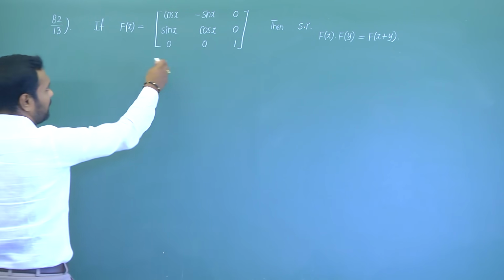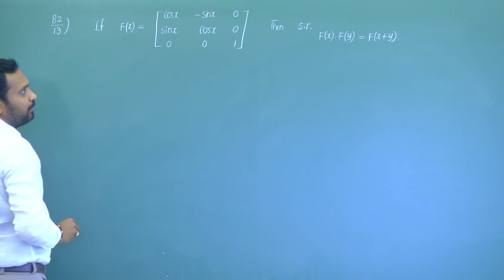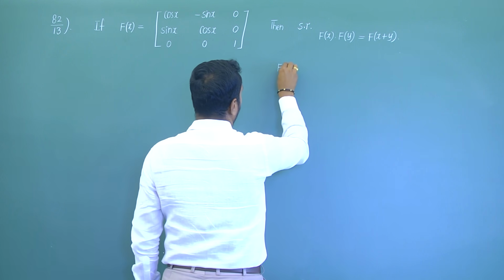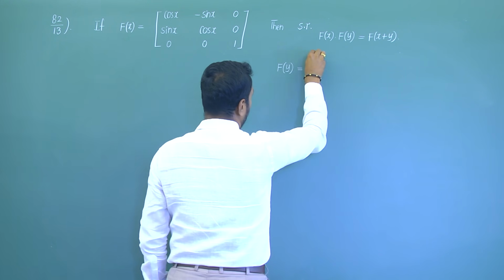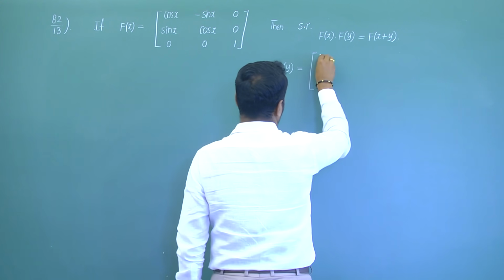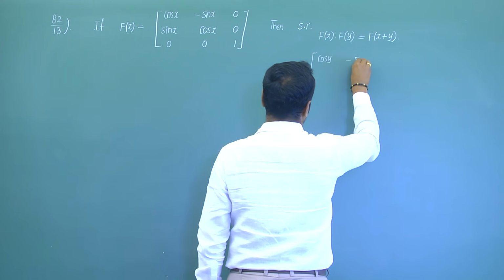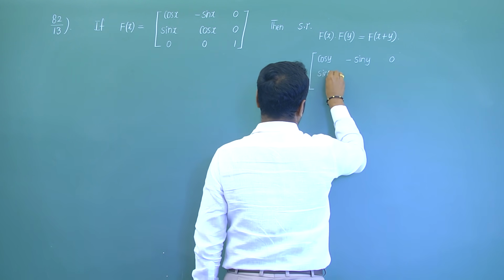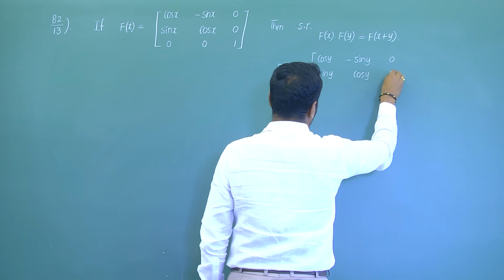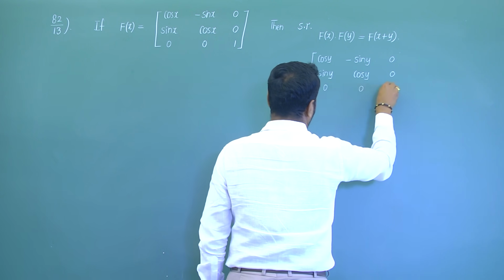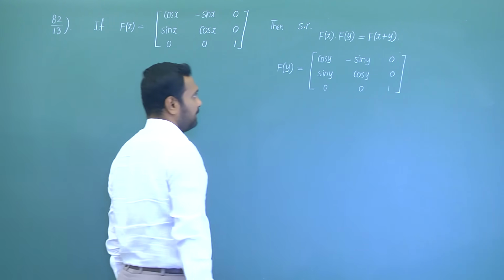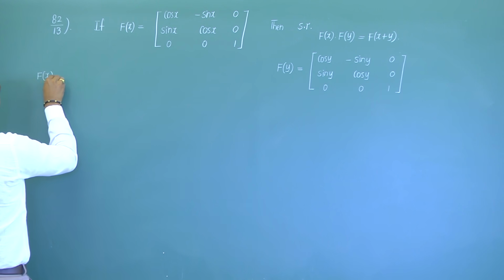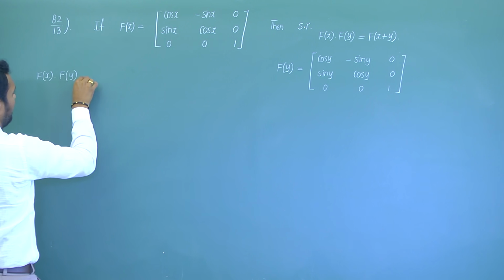So, in the first step we will write the given f of x, then f of y. What can I write for f of y? In the place of x I should substitute y: cos y, minus sin y, 0, sin y, cos y, 0, 0, 0, 1. Now I am considering f of x into f of y.